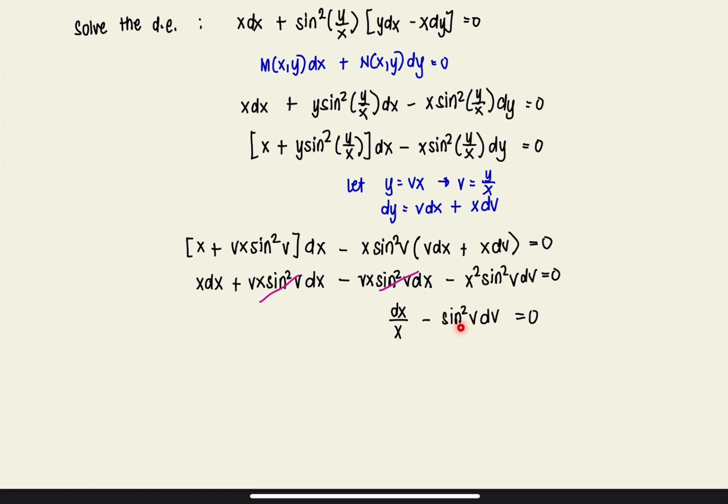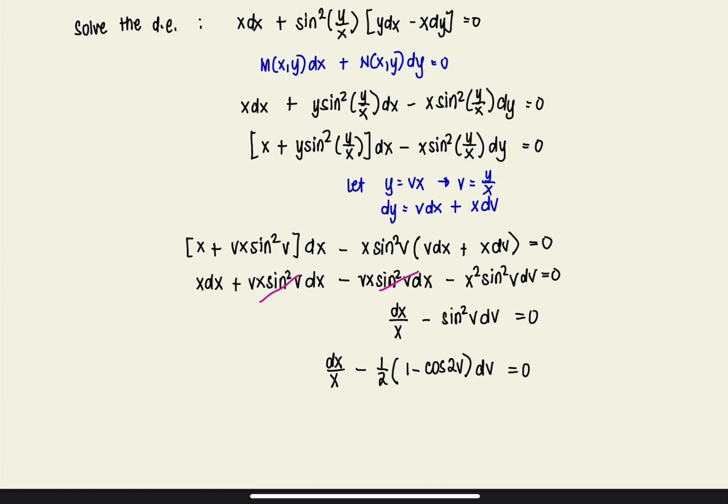Next step is to integrate. And the integral of sine squared, because the exponent is 2 here, we have to use the power reducing identity. So we're just going to copy dx over x minus 1/2 of 1 minus cosine of 2v dv equals 0. And so we can now integrate.